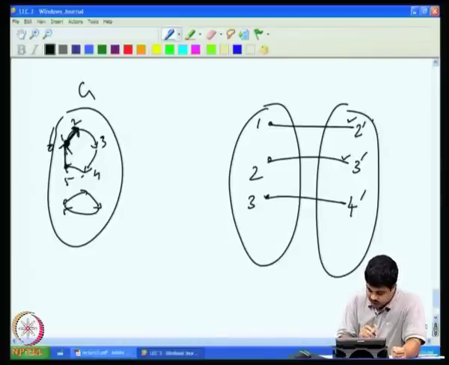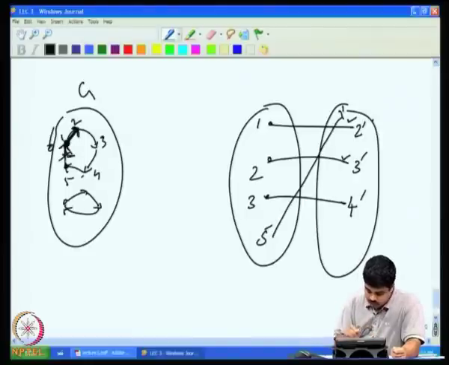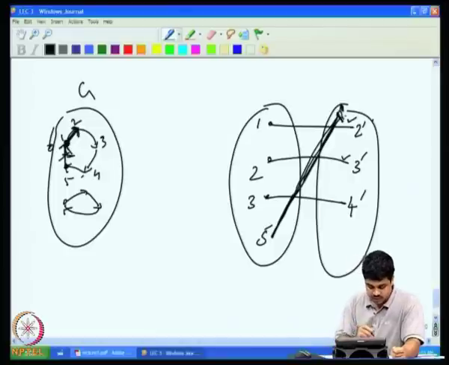For instance, this 5 1 edge will translate to a 5 1 dash edge which touches 1 dash, while the outgoing edge will translate to a 1 2 dash edge.